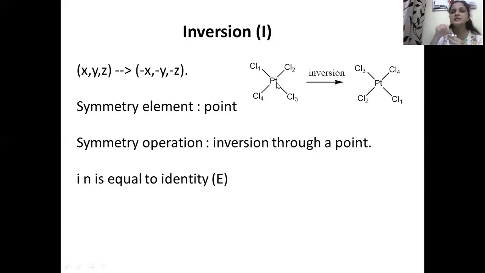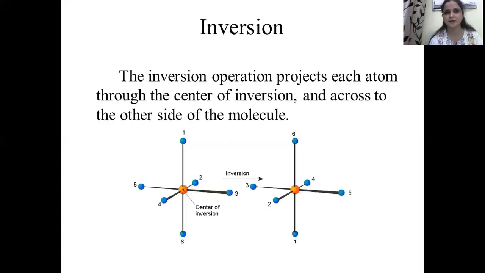Here the inversion center is a single point, and the symmetry operation is inversion through that point. Inversion means things are getting inverted, and i to the n equals identity. If I repeat that operation, it goes to the identical positions and we get the identity.